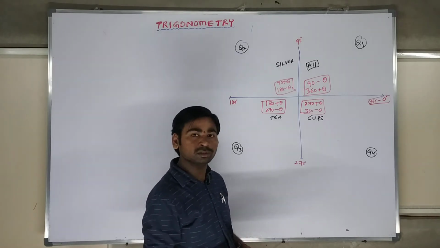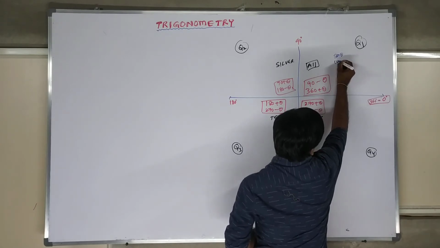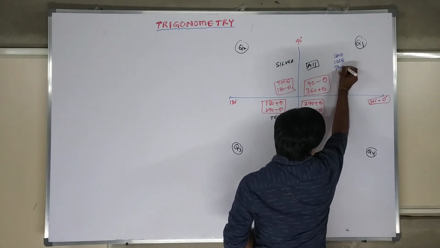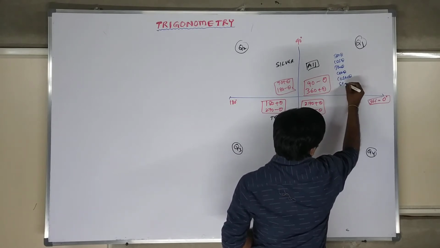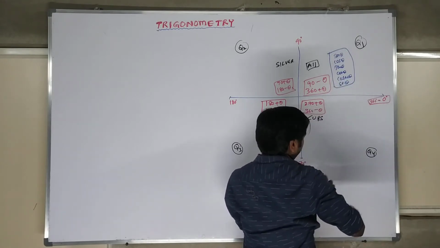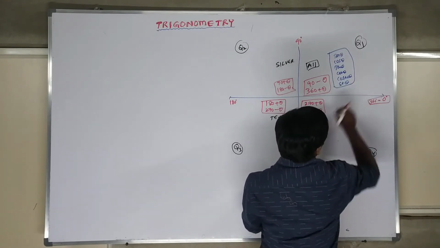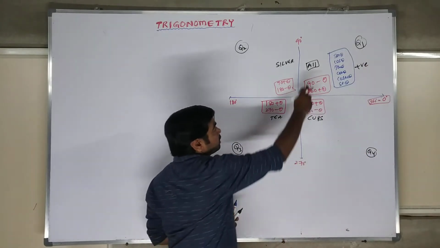What are they? The 6 trigonometric components: sin theta, cos theta, tan theta, cot theta, cosecant theta, sec theta. All 6 are positive.